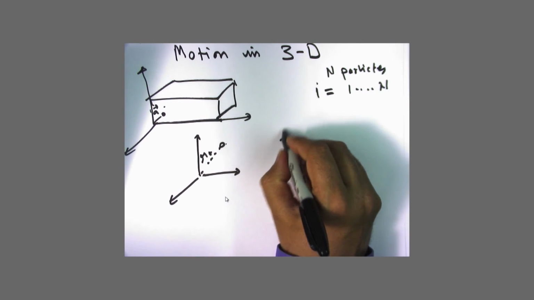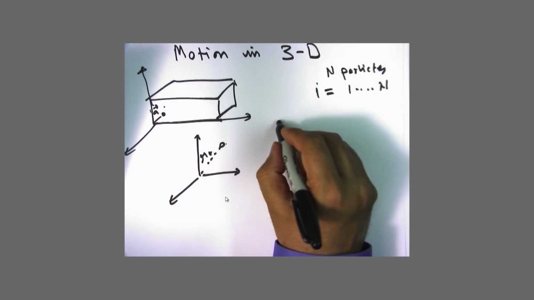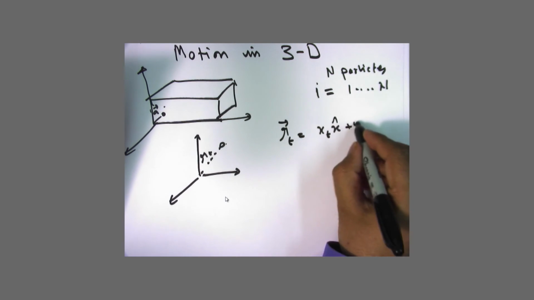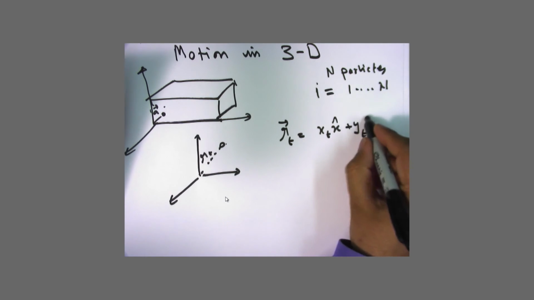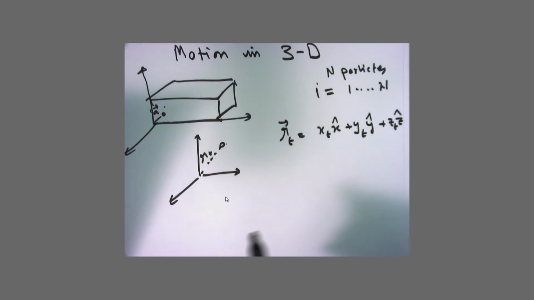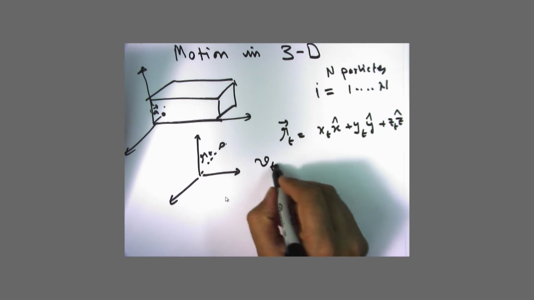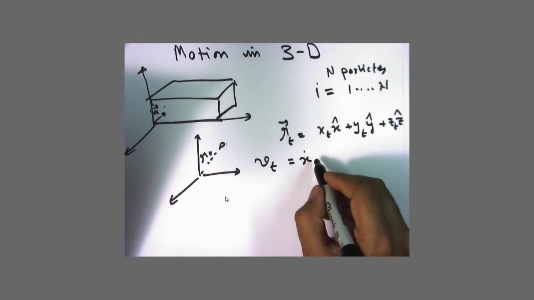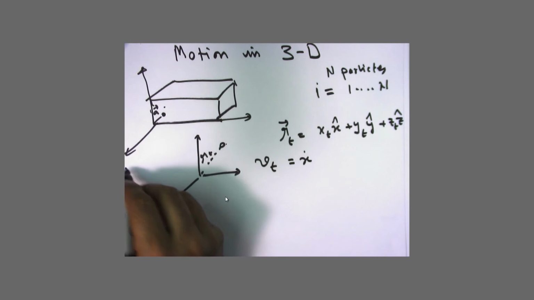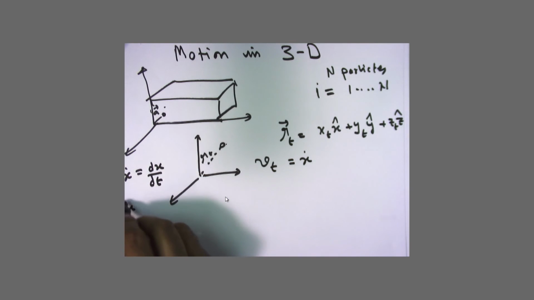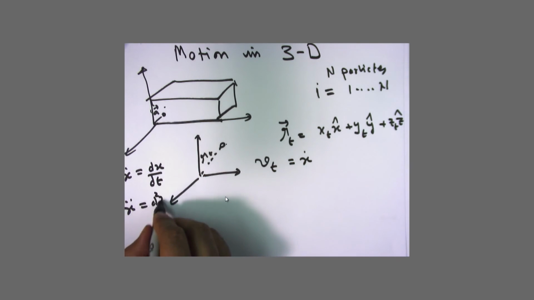So, if you look at this, the r(t) vector is equal to x(t) x cap plus y(t) y cap plus z(t) z cap unit vectors. If I have to create the velocity of that, then x dot, which is dx over dt. So, x dot is equal to dx over dt, and x double dot is equal to d square x over dt square.